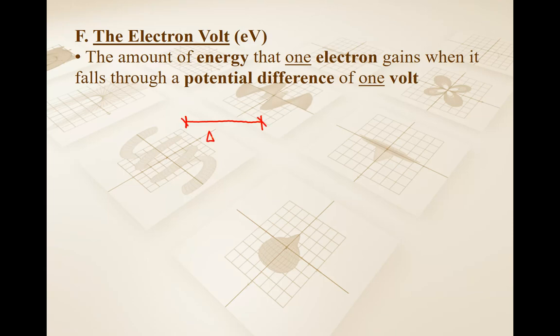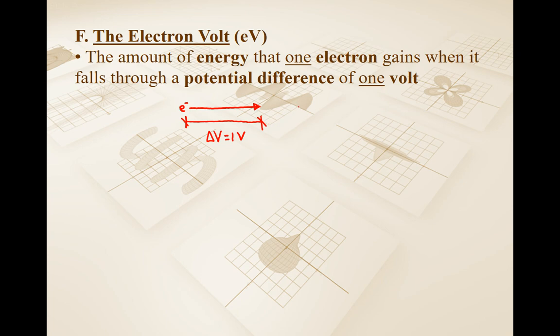Across this distance, we have a potential difference of delta V. And if this potential difference is 1 volt, an electron volt will be the amount of energy that an electron would gain when it goes across a potential difference of 1 volt.